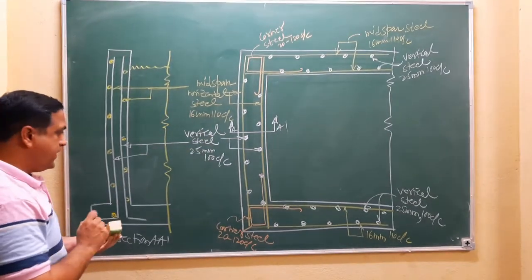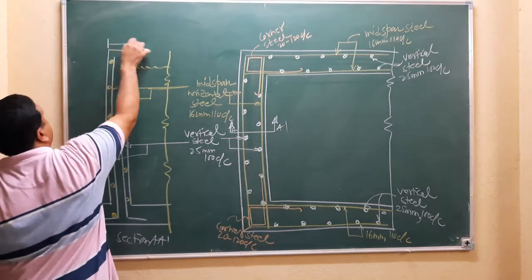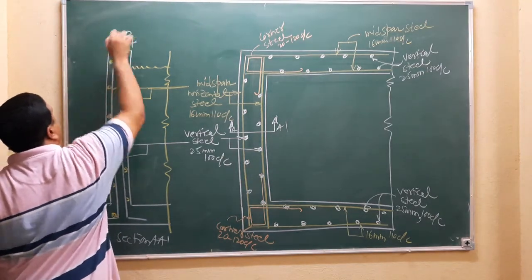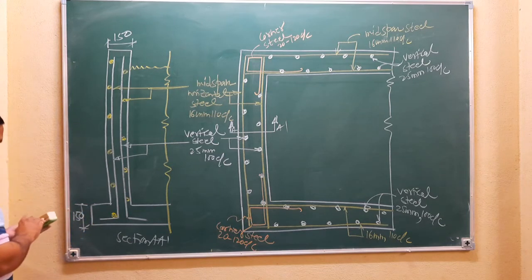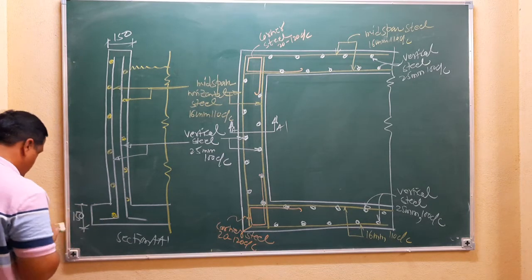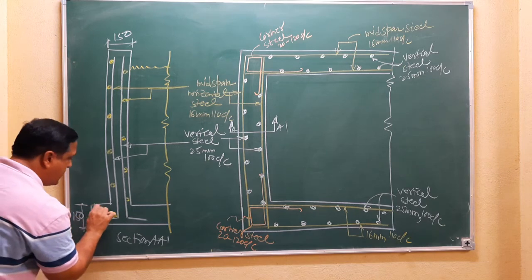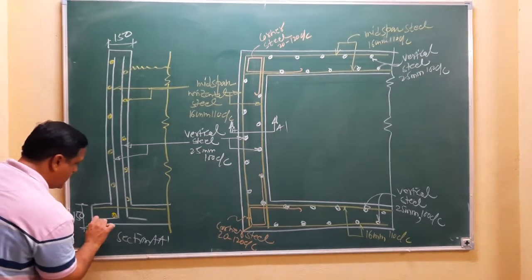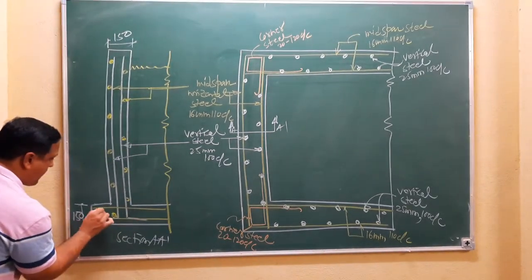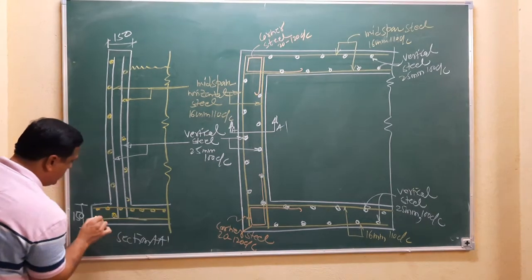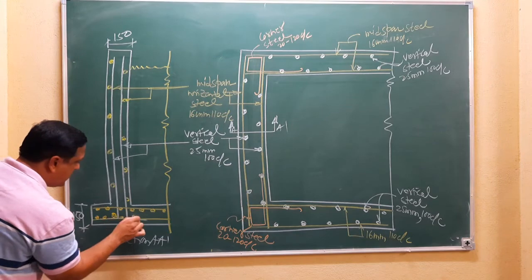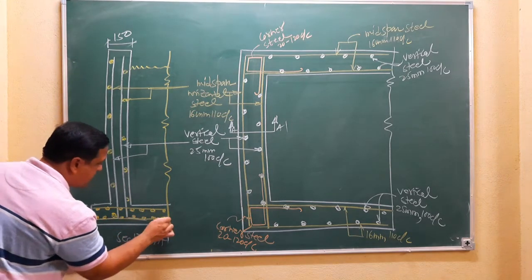And what about the base slab? The thickness of this wall is 150 mm. So what about the base slab? The base slab has two meshes: one mesh at top and one mesh at bottom.